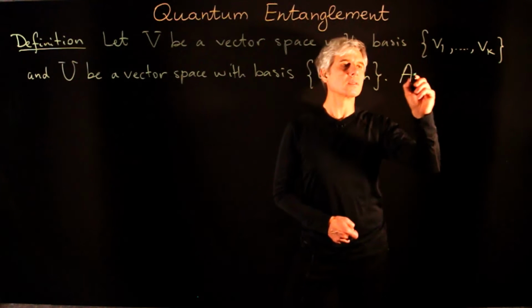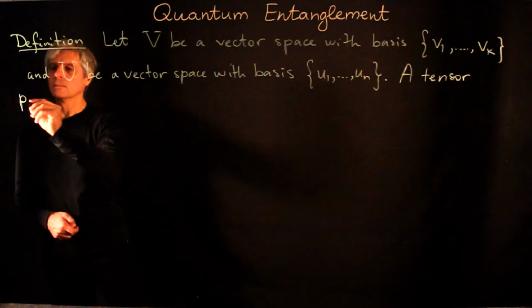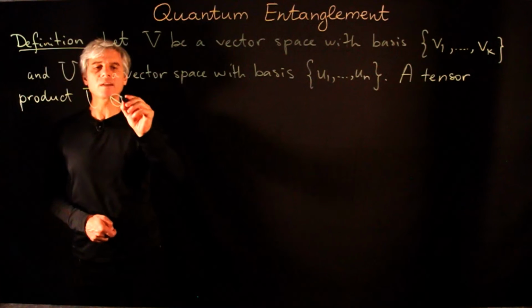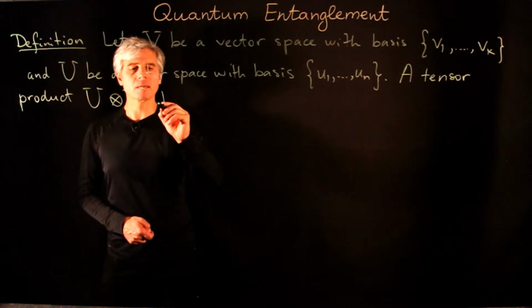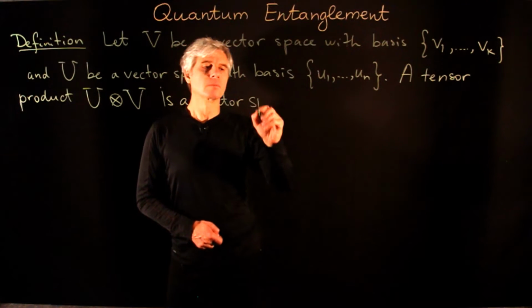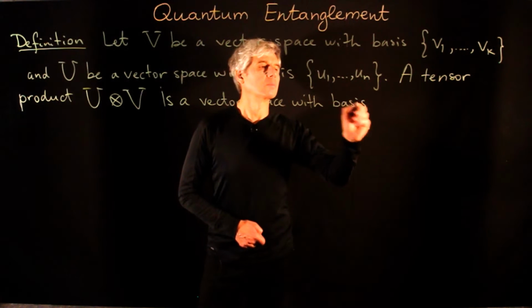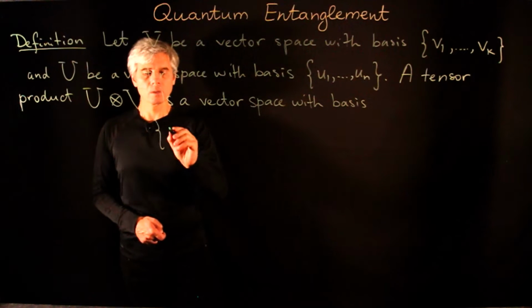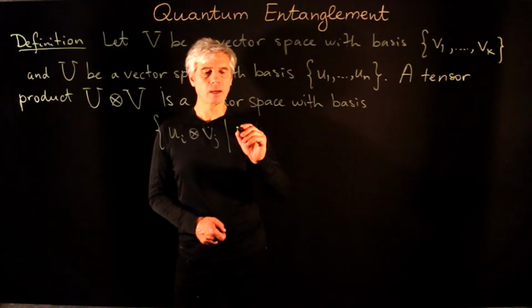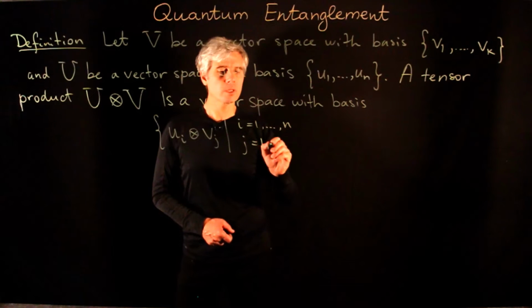A tensor product U tensor V is a vector space with bases Ui tensor Vj, where i goes from 1 to n and j goes from 1 to k.